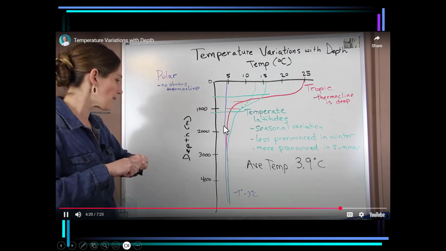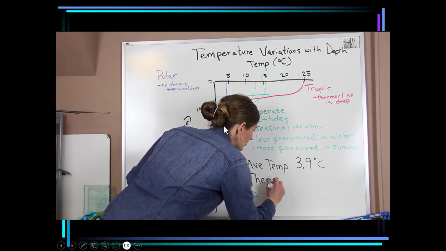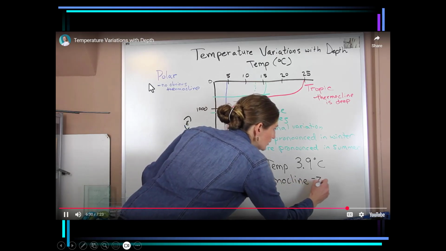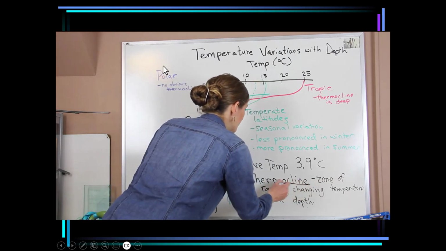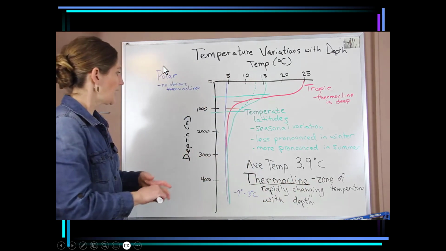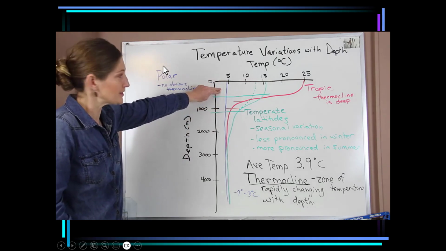The one thing you want to remember is our thermocline. That's a good term to have. The thermocline is a zone of rapidly changing temperature. That would be the one term you want to take from this. And just remember, in our polar areas we don't see much change, so there's no obvious thermocline.